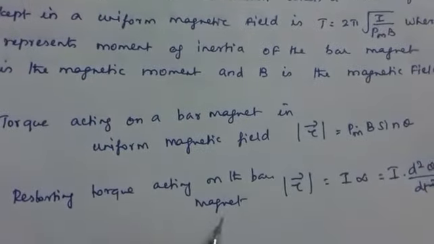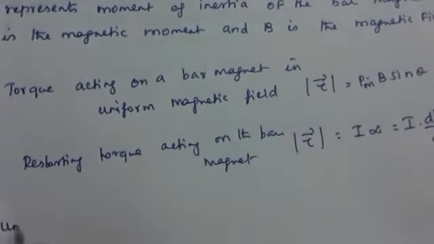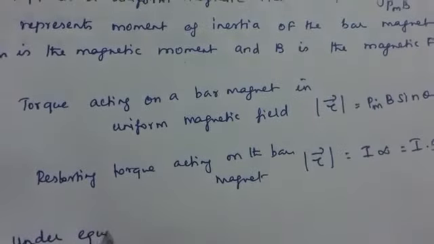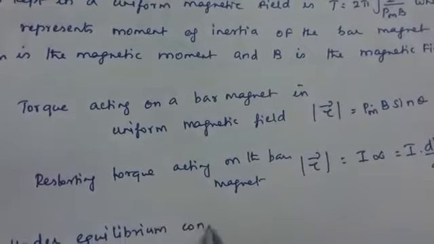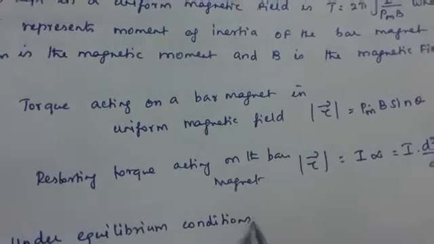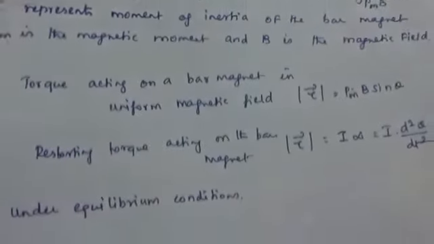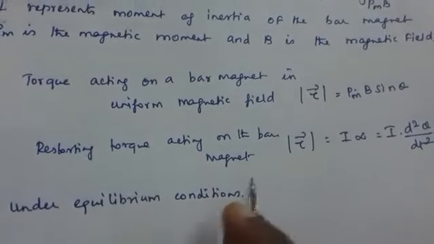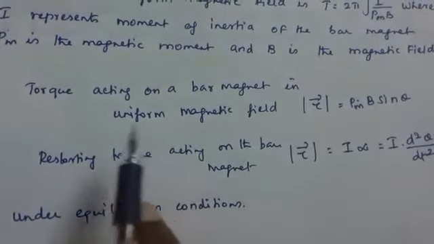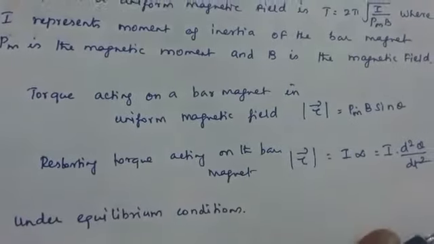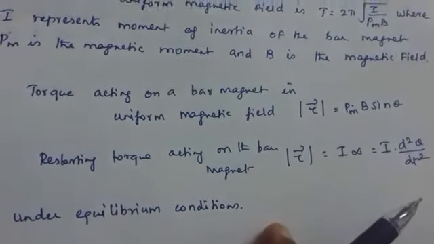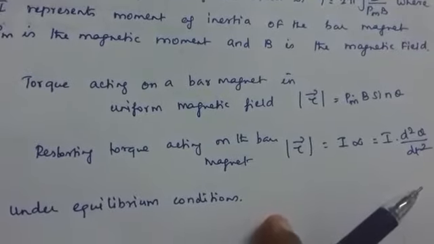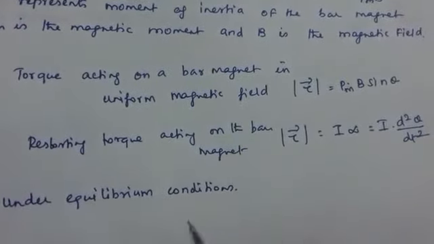Now, under equilibrium condition, these two torques will be equal. That is, the torque acting on the bar magnet due to the uniform magnetic field will be equal to that of the restoring torque acting on the bar magnet. But they will be acting in opposite directions.